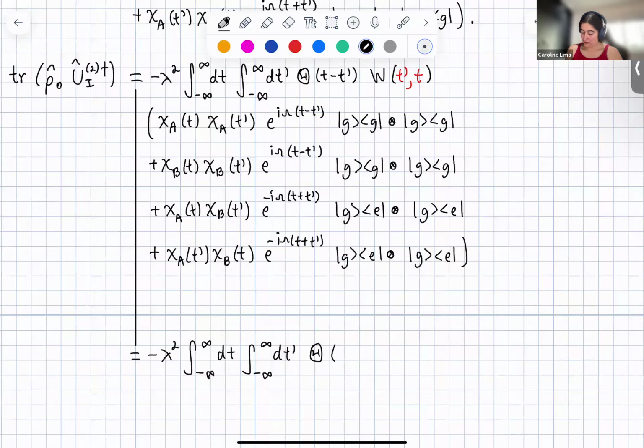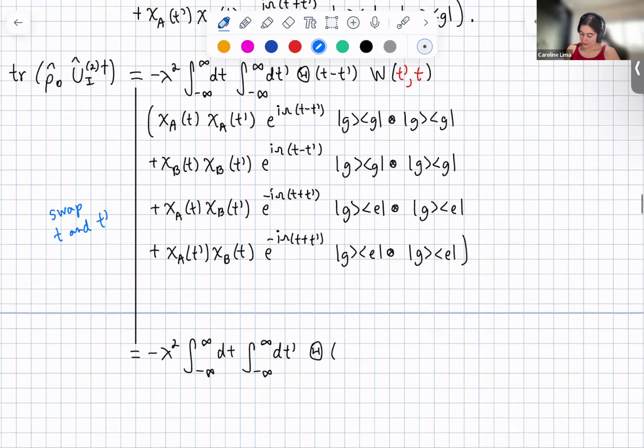So the Heaviside here, remember, is going to change the position. So here, let me just write down what we're doing. T and t prime. So here is going to be t prime minus t, okay? And the Wightman also changes for the order that I like.